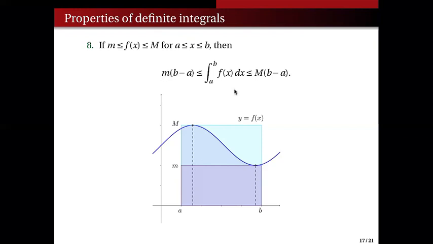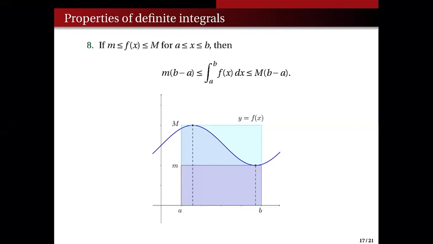And this can be interpreted this way. Capital M is always greater than your function f of x. Small m here is your smallest value of your f. So this purple here is your rectangle with height small m and width ab.